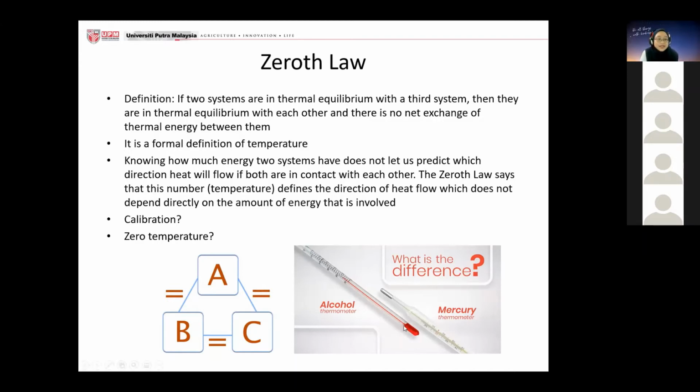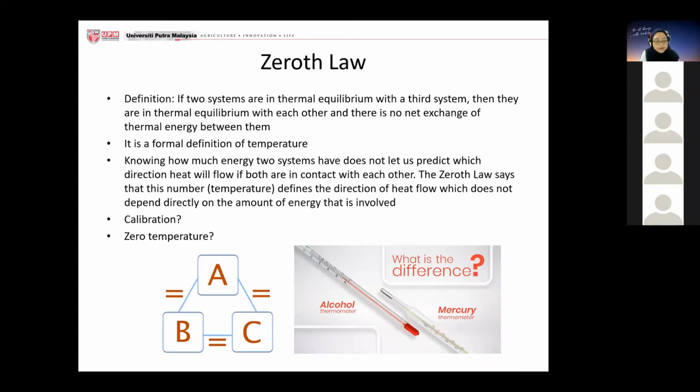So what is actually happening? The thermometer measurement is done through the expansion of this fluid. Remember? If you really think about it, you can compare temperature with length, for example.